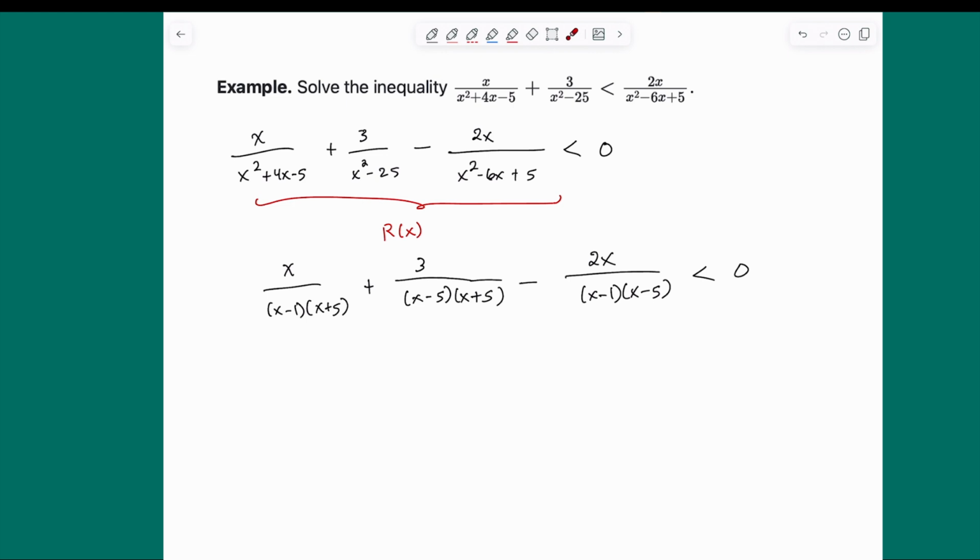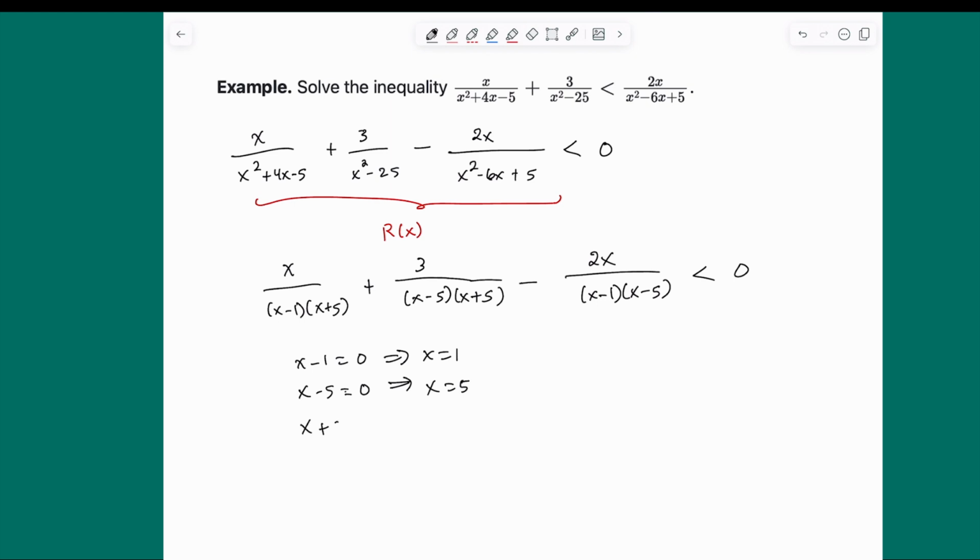Okay, so we have 3 distinct factors in the denominators: x minus 1, x plus 5, and x minus 5. Based on those factors, x minus 1 equal to 0 implies that x equals 1 makes the rational function undefined. And x minus 5 equal to 0 implies that x equals 5 is a bad value that makes the rational expression undefined.